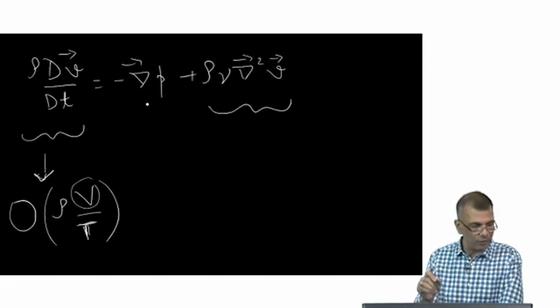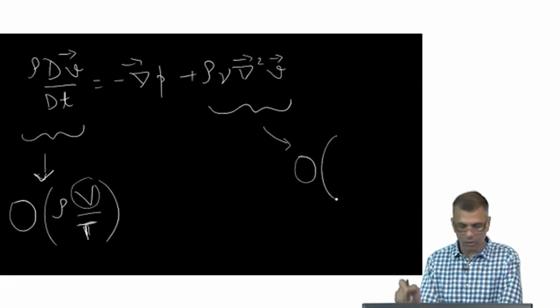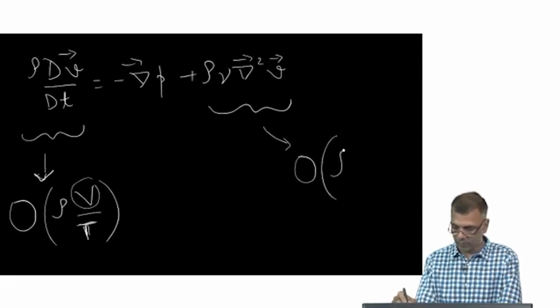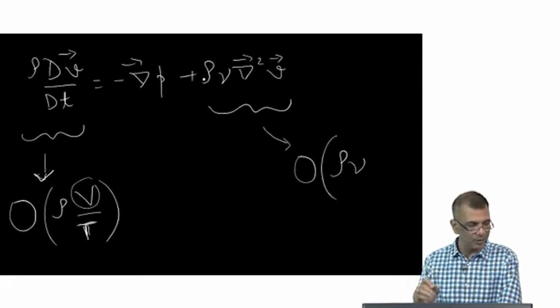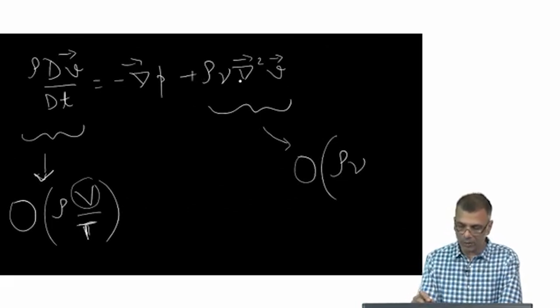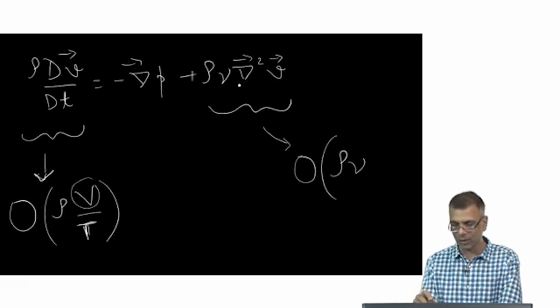I'll leave this for later. We will talk about this in a minute. So this is of order... I leave these two terms as they are. Now remember, this is a second derivative, like d squared v by dx squared, or d squared v by dz squared, and so on.